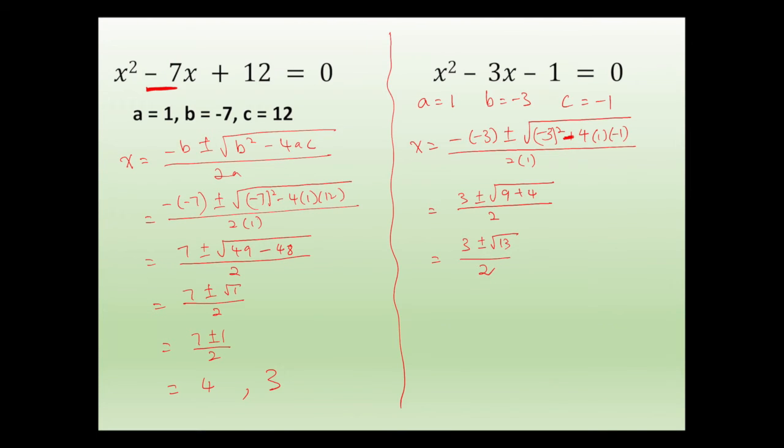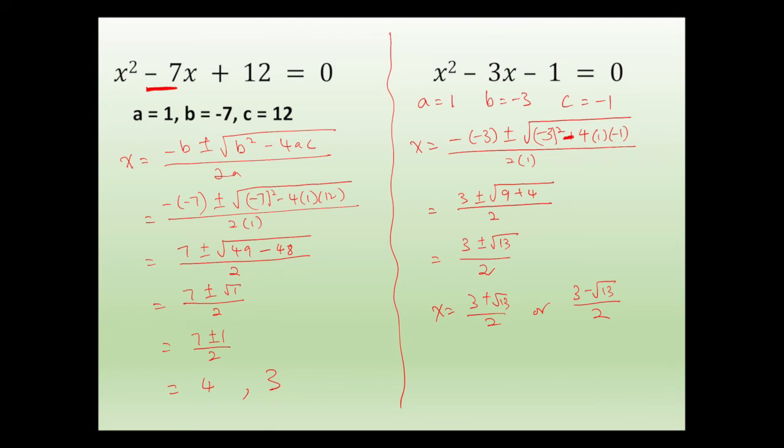Alright. If you are not asked to simplify this into a decimal place, you are fine to leave your answer as x equals 3 plus the square root of 13 over 2, or 3 minus the square root of 13 over 2. Alright.